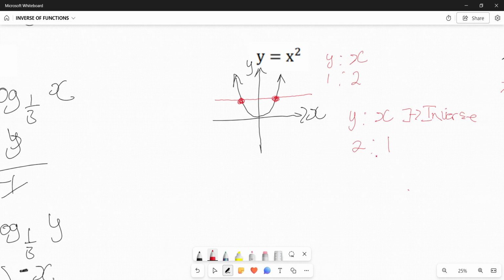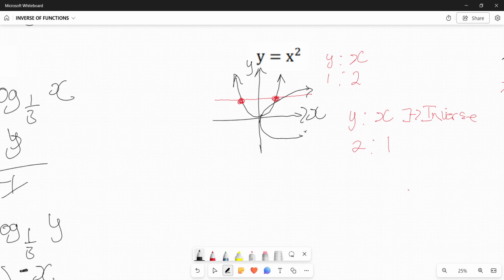We are saying that the acceptable ratio for y is to x must be 1 is to 1. So now for this parabolic function, if we have to find the inverse, we'll have something like this.